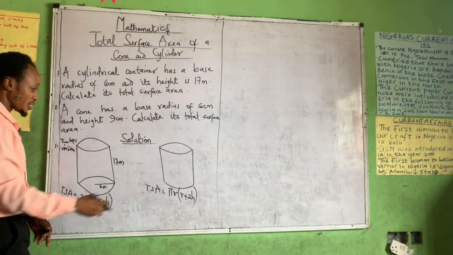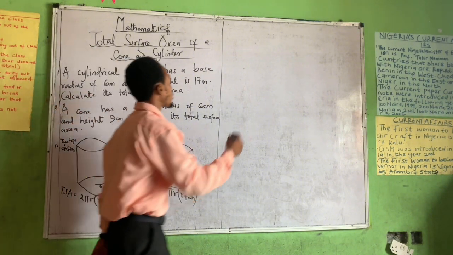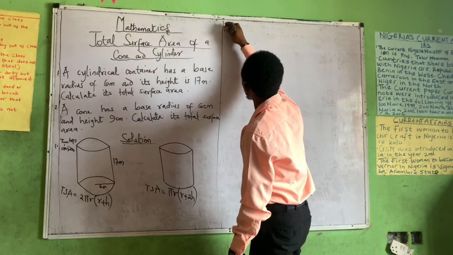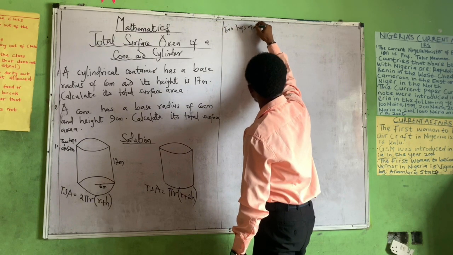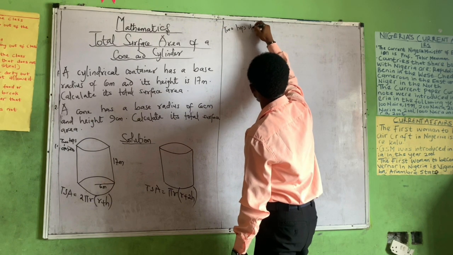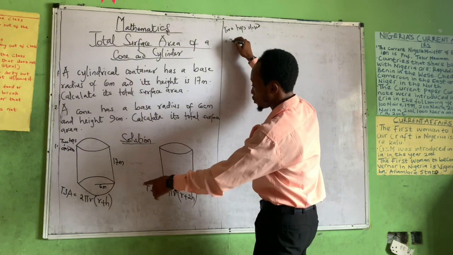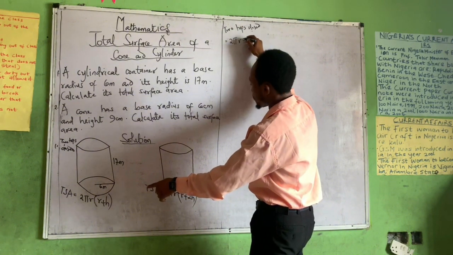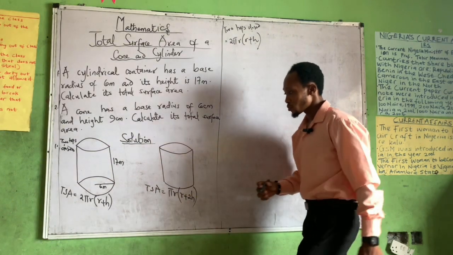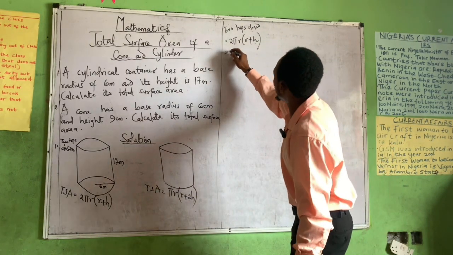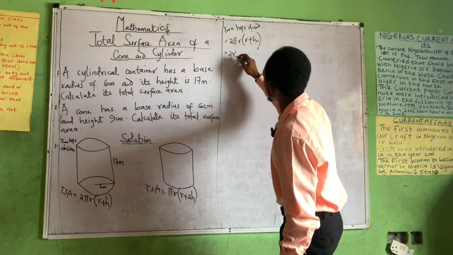Calculate its total surface area. Likewise, the same thing as this. So let's do it when two tops are closed. We have 2 pi r open bracket r plus h. So that will be 2 times pi.